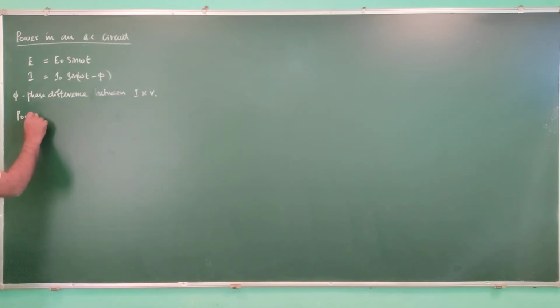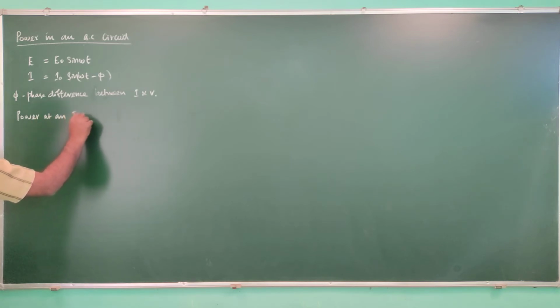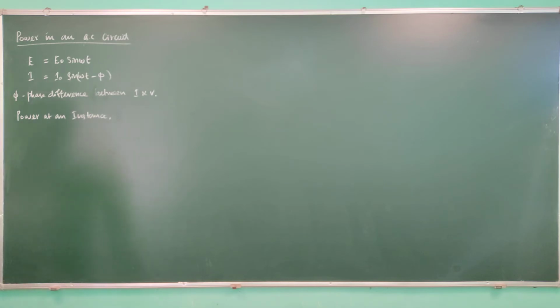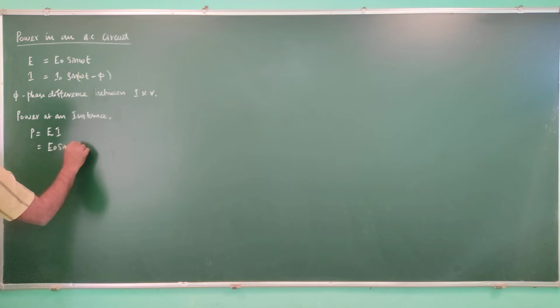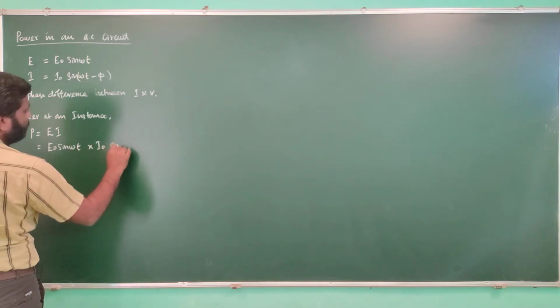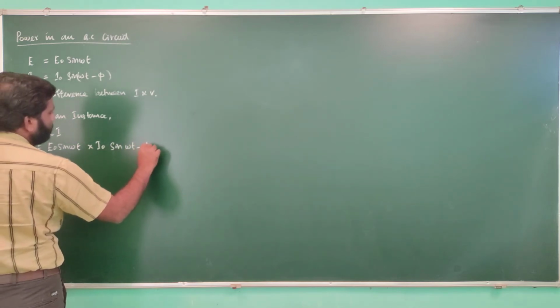the equation for power at an instance, that is the instantaneous power, which is nothing but the product of current multiplied by the voltage. So expression for voltage is E naught sin omega t, and the expression for current is I naught sin (omega t minus phi).